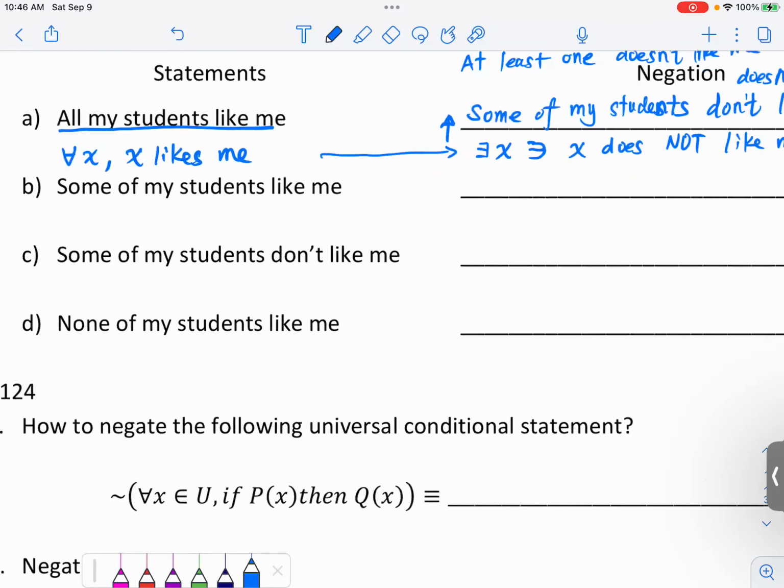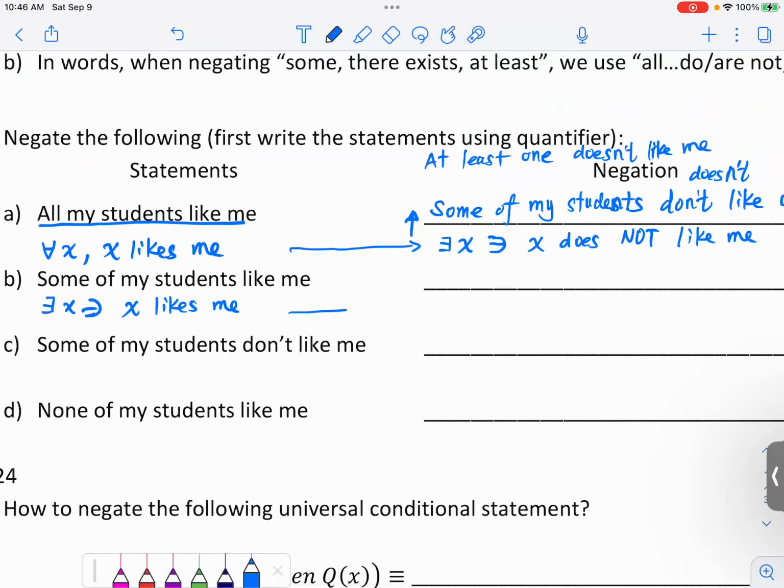For the second one, this is an existential: some of my students like me. I'm going to say there exists x, where x is an element from the set of all my students, such that x likes me.